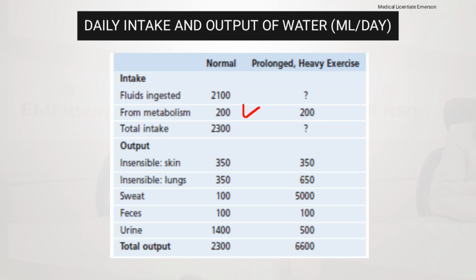But for the fluid ingested, it doesn't matter as long as you have gone above the normal, as much as you can tolerate. Metabolism still remains constant. The total intake together is 2100 plus 200, which is 2300.